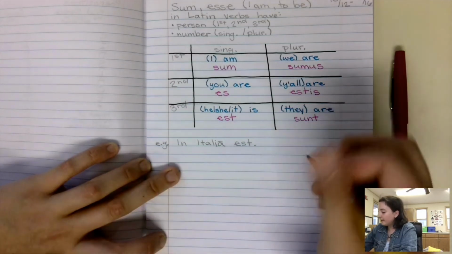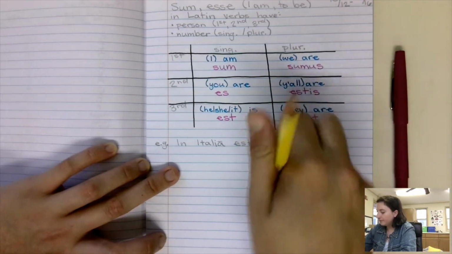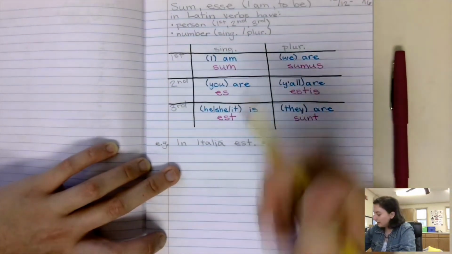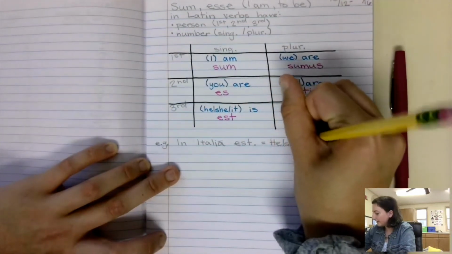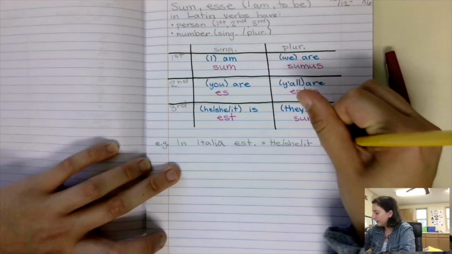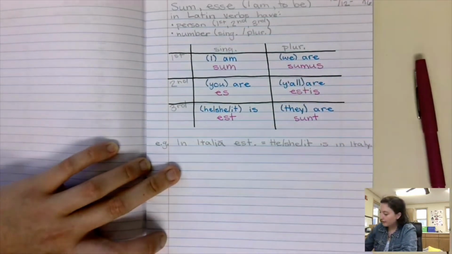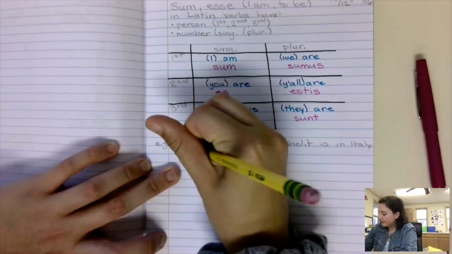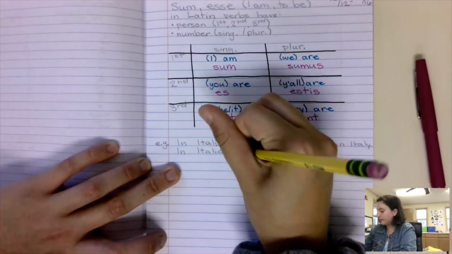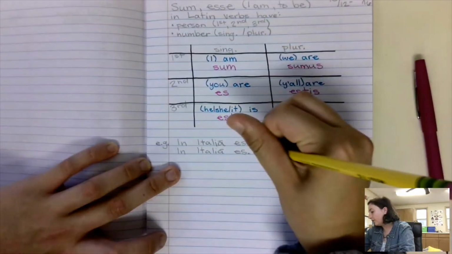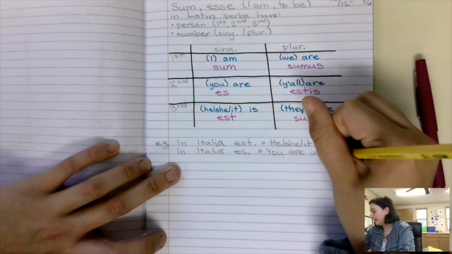In Italia est means he, she, or it is in Italy. In Italia es, however, will mean you are in Italy.